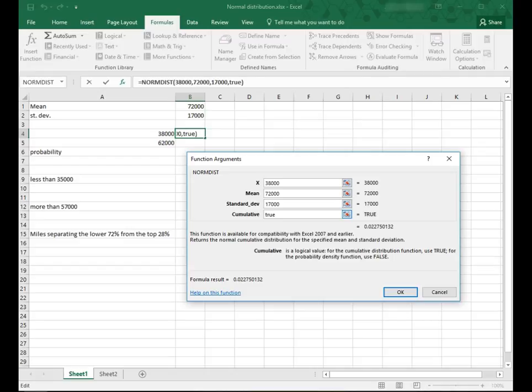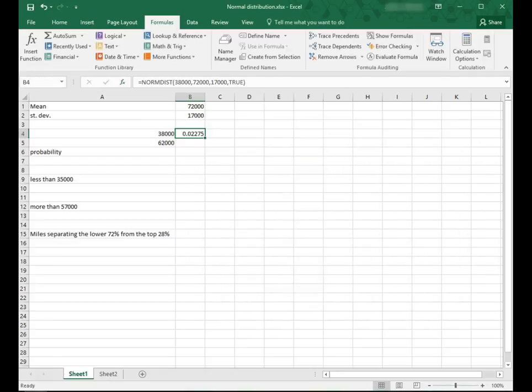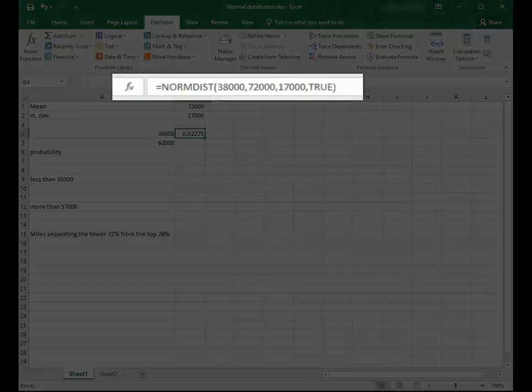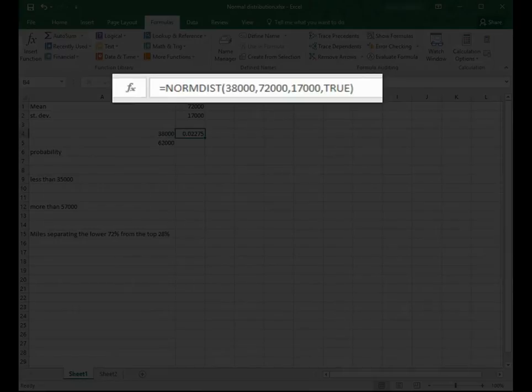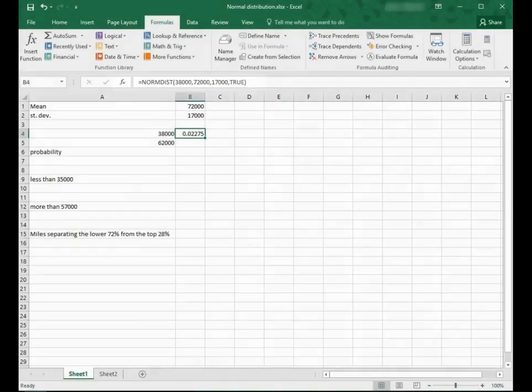We can see that we get a probability of 0.02. And when we click OK, it's entered into the cell for us. We can also refer to the formula bar to remind ourselves of exactly what the function was that we used to arrive at the value presented in the cell.